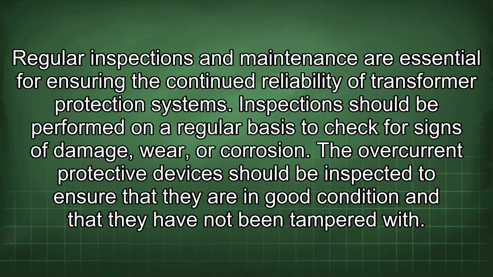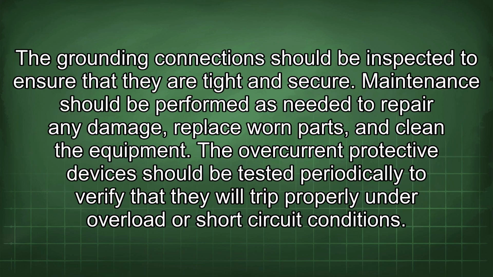Regular inspections and maintenance are essential for ensuring the continued reliability of transformer protection systems. Inspections should be performed on a regular basis to check for signs of damage, wear, or corrosion. The overcurrent protective devices should be inspected to ensure that they are in good condition and that they have not been tampered with. The grounding connections should be inspected to ensure that they are tight and secure.